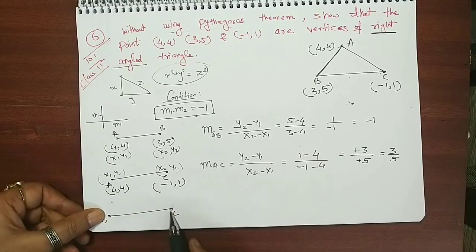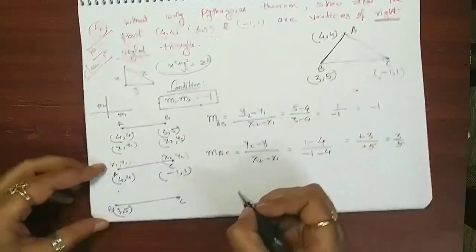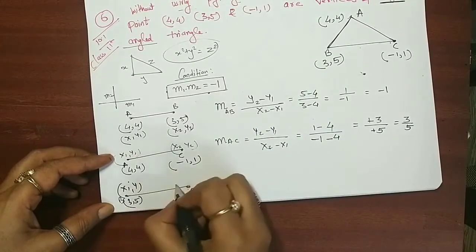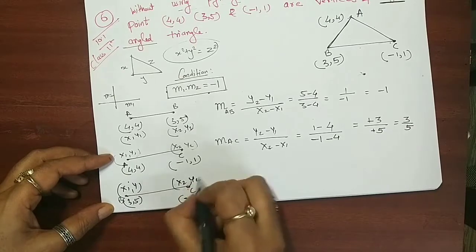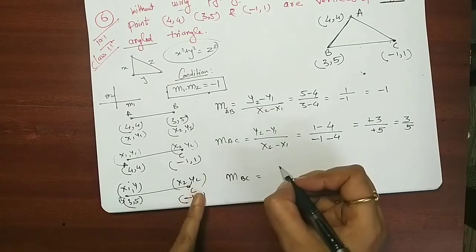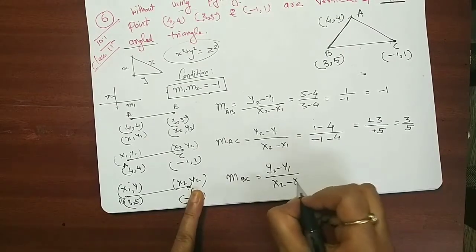Now I will take BC. So B is 3, 5. C is minus 1, 1. So say this is x1, y1 and this is x2, y2. So MBC will be what? y2 minus y1 over x2 minus x1.